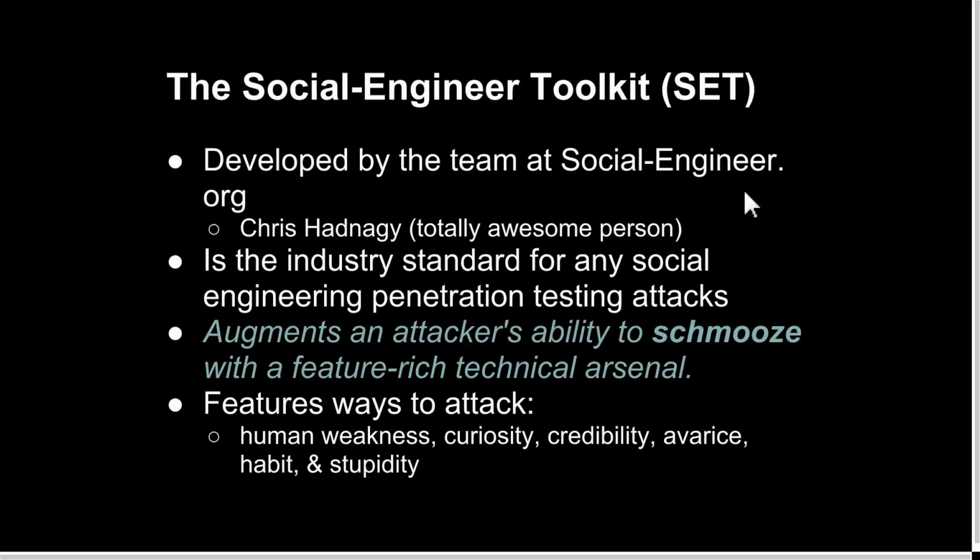So the Social-Engineer Toolkit is actually quite young, but it has had skyrocketing success and is now considered the industry standard for any social engineering penetration testing attacks. In essence, it augments your ability to schmooze and manipulate people with a feature-rich technical arsenal.